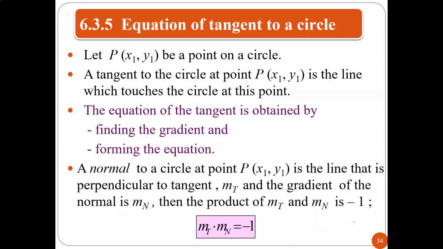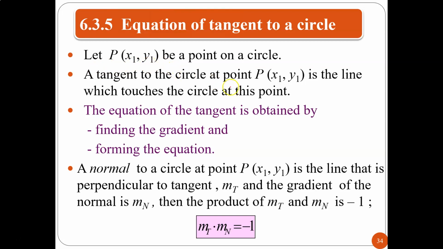Okay, now we're going to move on to the next subtopic, which is equation of tangent to a circle. Previously in the straight line, we also learned equation of tangent, right? And also in here, you will have equation of tangent, but for a circle. So let P equal to (x1, y1) be a point on a circle.